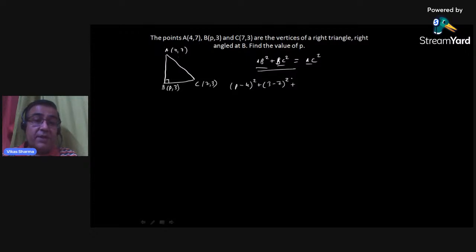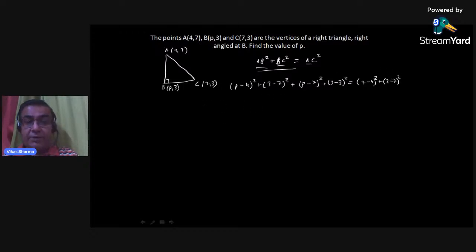BC will be P minus 7 whole square plus 3 minus 3 whole square. That should be equal to AC, and that will be 7 minus 4 whole square plus 3 minus 7 whole square.